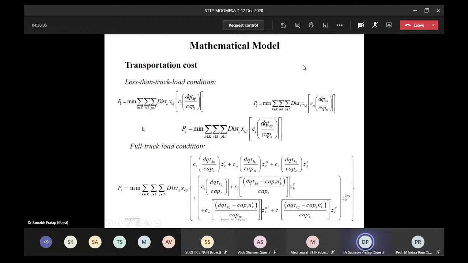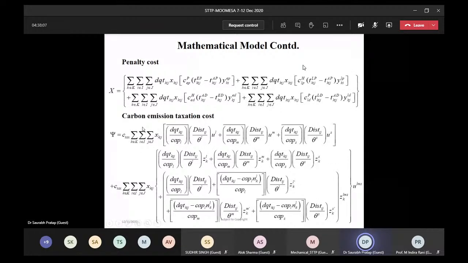After that, the penalty cost may be due to late delivery or early delivery or late pickup or early pickup; there will be some penalty cost. And after that there will be the carbon emission taxation cost. Why am I calculating the carbon emission taxation cost? Because now in each and every country the governments are focusing on reducing carbon emission.